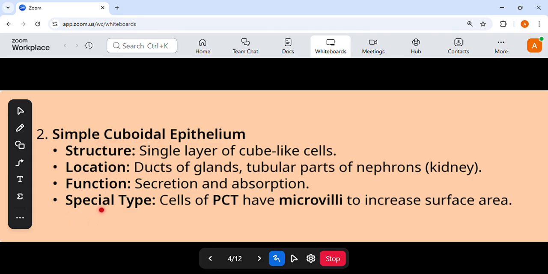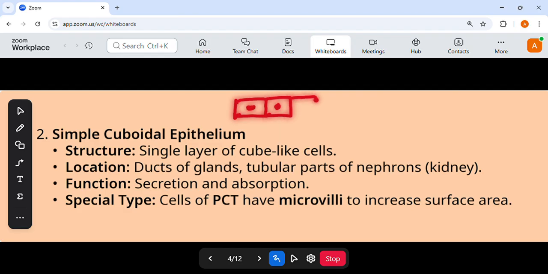So here, on the basis of shape we have divided in 3 types, right? So the shape here is cube shape है. Okay, cell का shape क्या है? Cube है और ये single layer है because it is included in a simple epithelium, no? So single layer of cube-like cells, and here the nucleus is round and central. Cube shape में है, nucleus round and centrally located है.